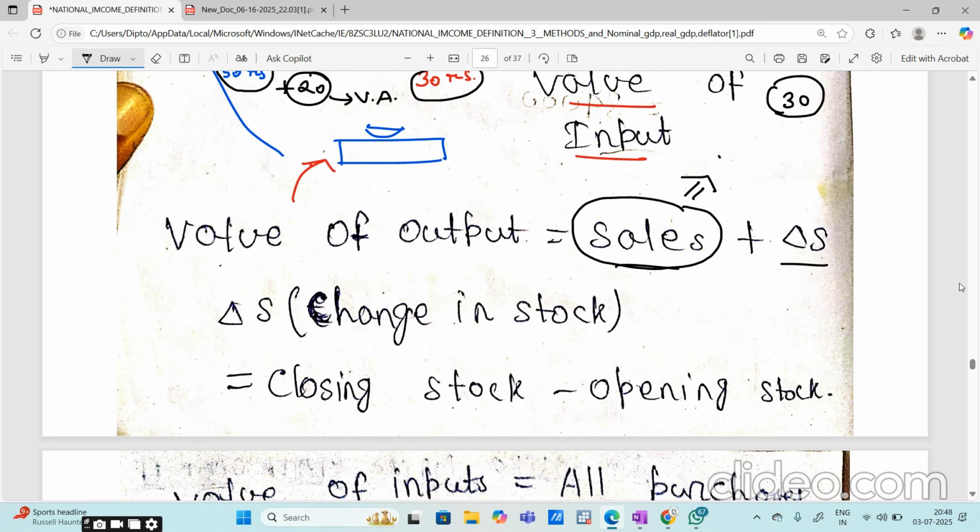Suppose there are 200 outputs sold in the market and the price of 200 outputs is 400 rupees. So in the sales part I will write 400 rupees. Change in stock is also known as inventory investment. I explained it in the previous class when I was teaching the expenditure method. Change in stock is closing stock minus opening stock.